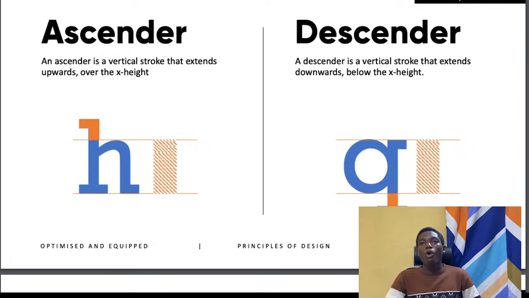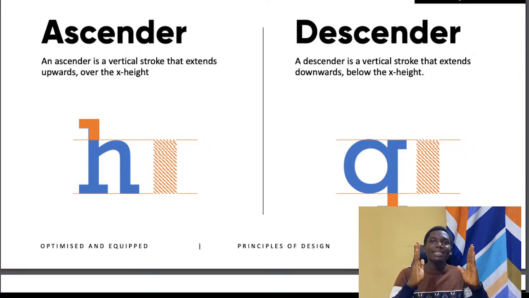And this deals with the ascender and the descender anatomy of typography. The ascender deals with the part after the x height. So we have the x height, and this x height has two or more baselines.